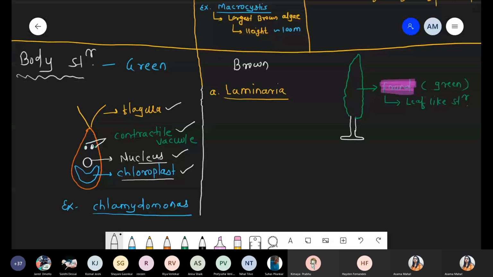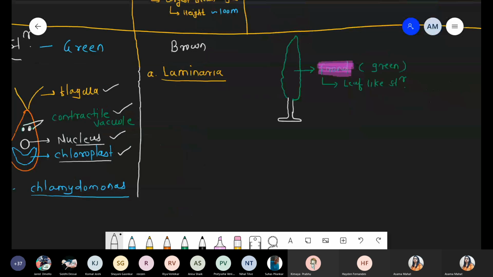So similarly there is the presence of this frond, and this frond is green in color, and it looks like a leaf-like structure. Now this middle part is called the stipe, which behaves like a stem.